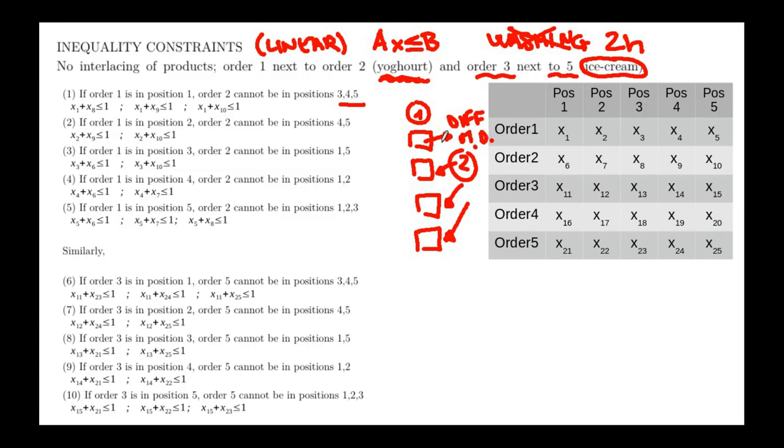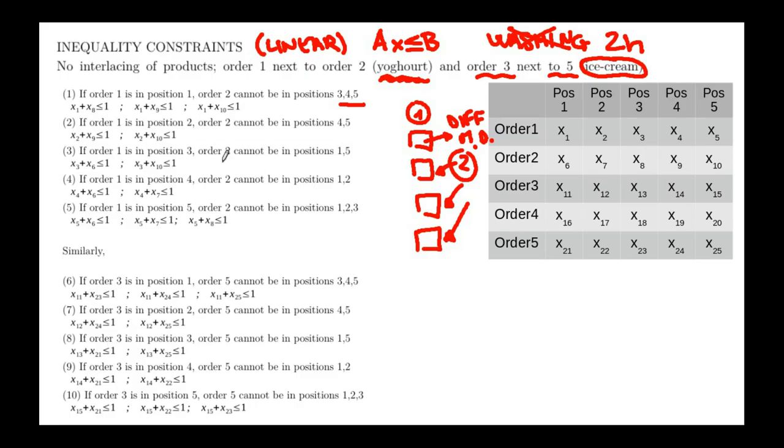Okay? So that's why if by chance order 1 is assigned by the algorithm to the first position, order 2 cannot be in 3, 4, or 5.